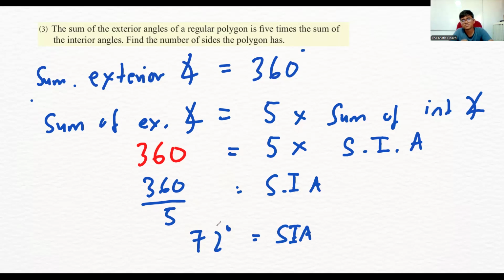Yeah, 72 degrees. Now, if the sum of interior angles is 72 degrees, then how many sides does the polygon have?